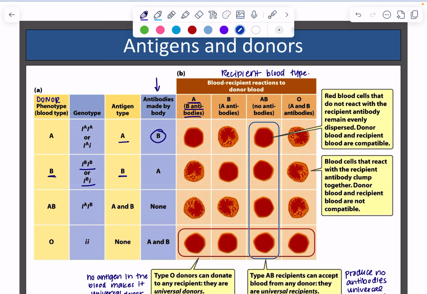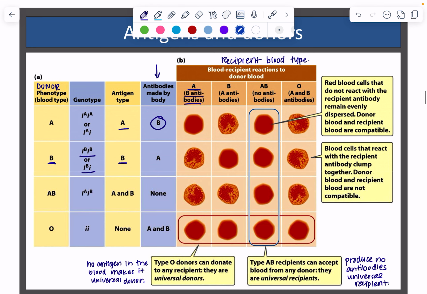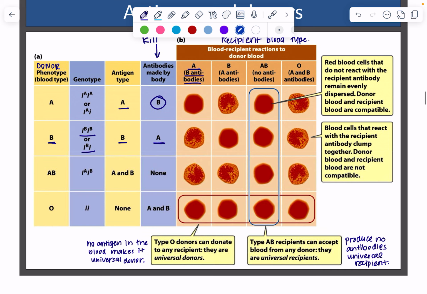They get antigen type B, and they make antibodies for type A. So they're going to kill off A. Antibodies kill, right? They protect your body against foreign cells, foreign objects, foreign antigens. So if you have a recipient with B blood, you can't give them type A blood. That's what this is saying.